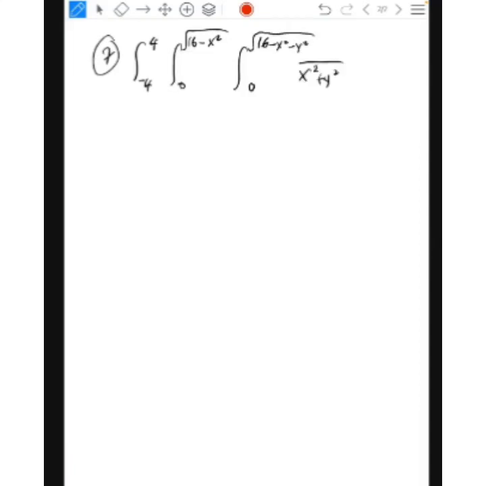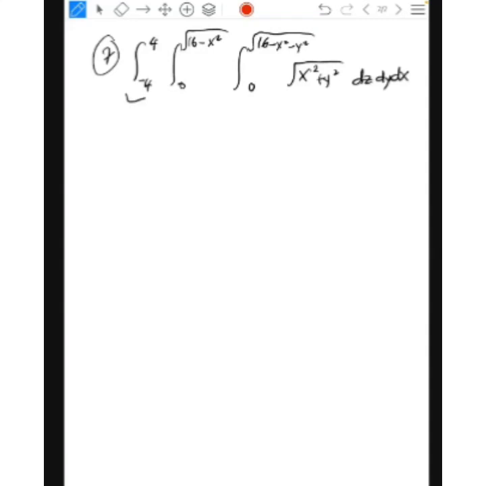Next question, question number 7. You have negative 1 till 4. And then 0 until square root of 16 minus x squared. And then the z is 0 until square root of 16 minus x squared minus y squared. And then x squared plus y squared, then dz dy dx. Okay, question number 7.